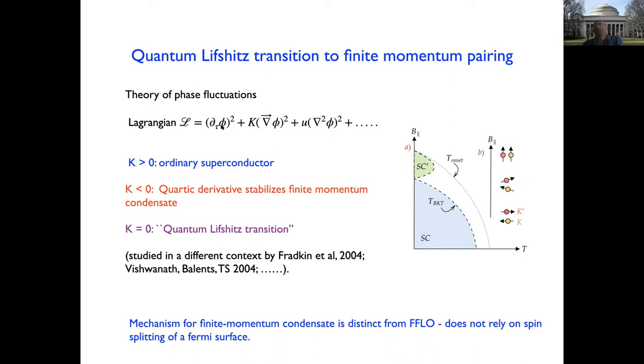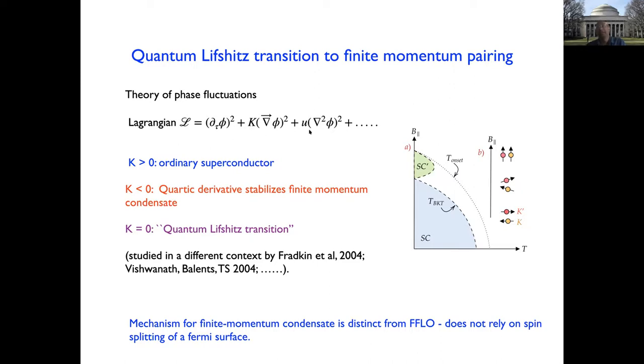Okay, so if you think about the theory of phase fluctuations of the superconductor, there's some Lagrangian that describes the phase mode. It has some phase stiffness and nonlinear terms. Now, in an ordinary superconductor, this phase stiffness K is bigger than 0, but you could imagine a phase transition where you drive K to 0 and change the sign of K to a negative value.